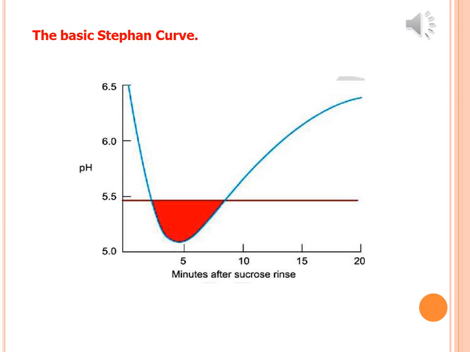The initial drop is usually rapid, with the lowest pH being attained within a very few minutes. However, pH recovery can take anything between 15 and 40 minutes, depending to a large extent on the acid neutralizing properties of the individual's saliva.